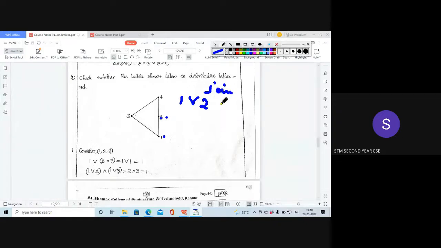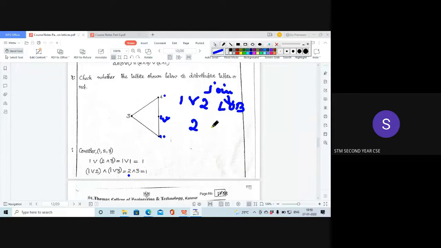Join means the least upper bound. The upper bounds of 1 and 2 are 2 and 4. So the least upper bound is 2.